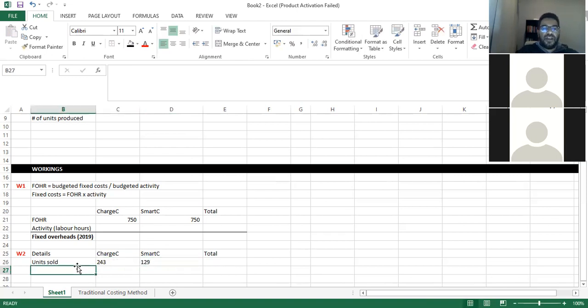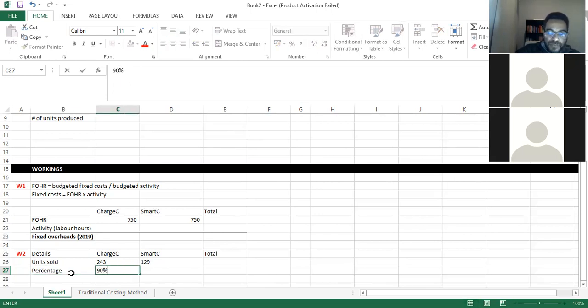But this was 10% short of what was produced, and this was 14% short. So what does this represent? This represents 90% of production. If they produced 100, they expected to have 100%, but they were 10% short. Similarly over here, they expected 100%, but they were 14% short.